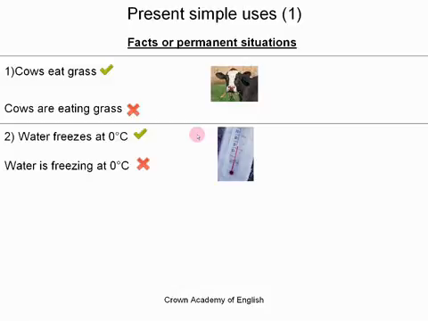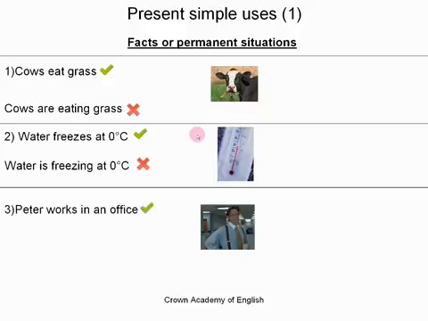Let's have a look at another example. Okay, so for example, if somebody wanted to know, where does Peter work every day? What is his job? Does he work in a hotel? Does he work in a hospital? Does he work in a factory? No, Peter works in an office.